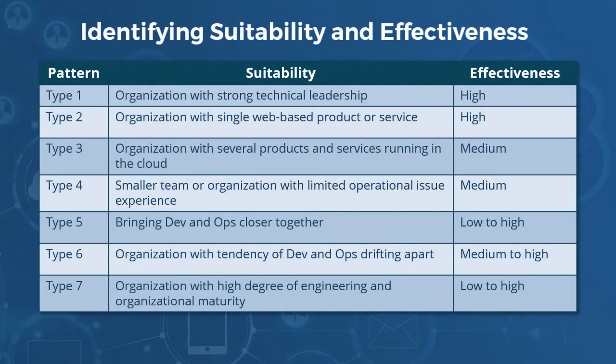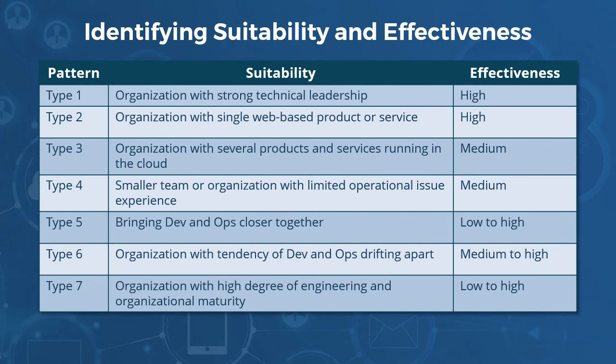Now let's try to identify the suitability of the right pattern and their effectiveness. We will do that through a table which is currently displayed on the screen. We'll start with identifying the pattern, their suitability and effectiveness. Type 1 is suitable for organizations with strong technical leadership, and you'll find effectiveness to be very high.